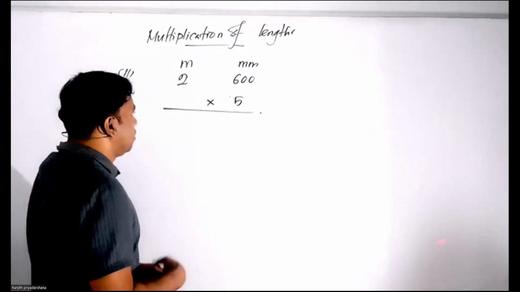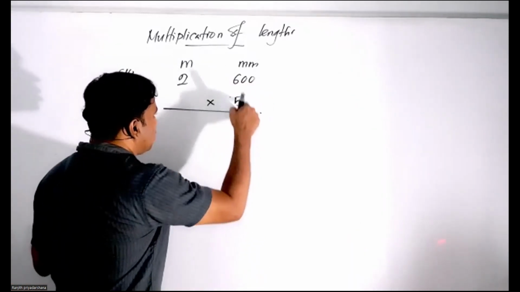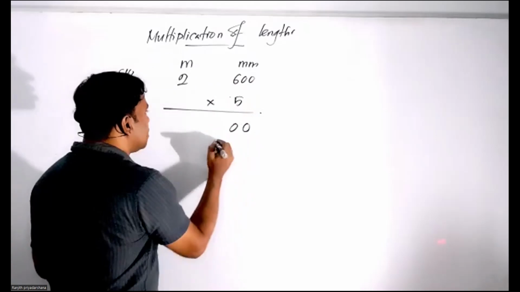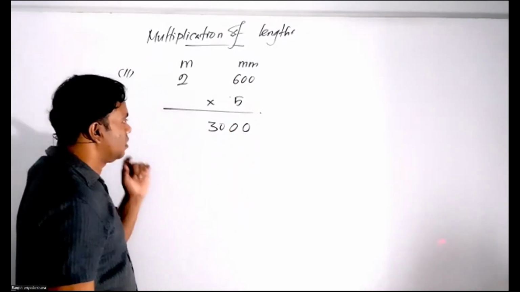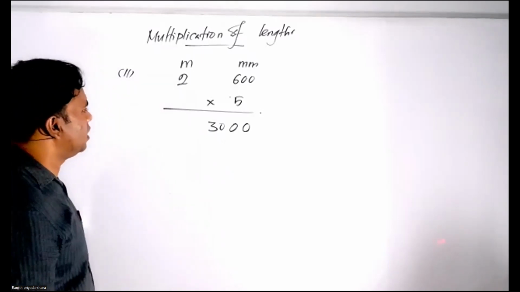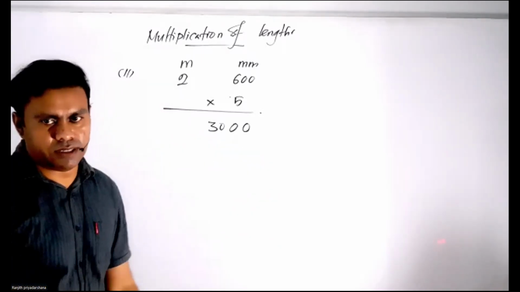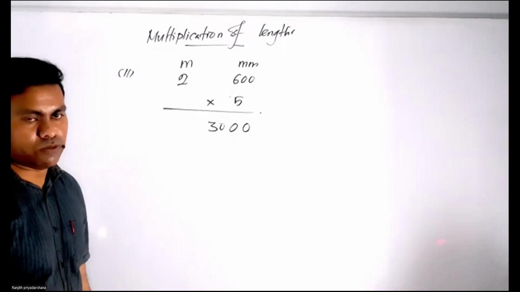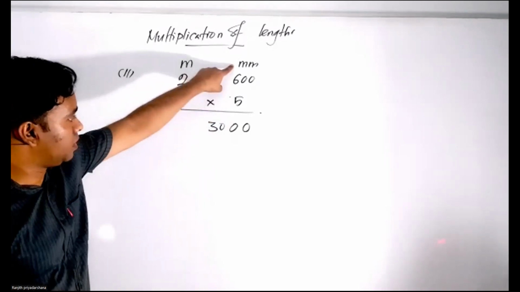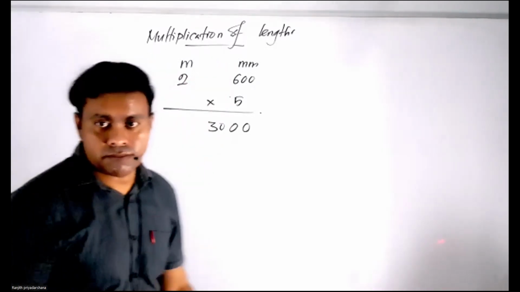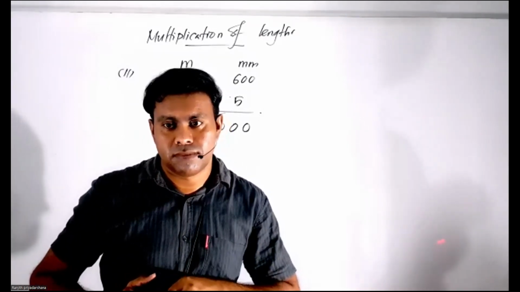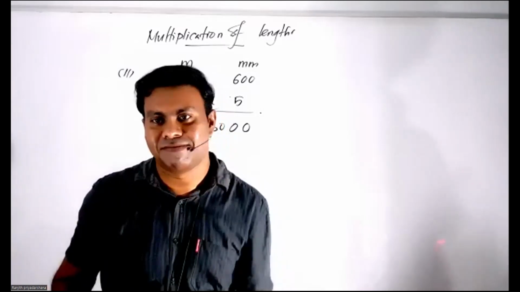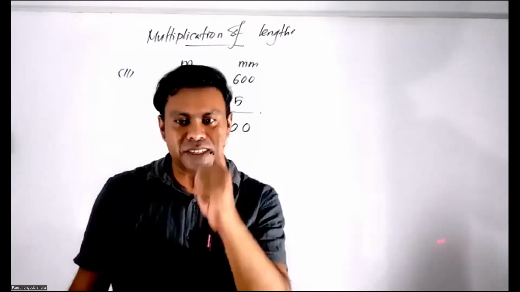Yes, 5 times 0 is 0, 5 times 0 is 0, 5 times 6. 5 times 30. No, we can't put that 30 here. That means 3000 cannot be kept here. Then what do we do? 3000 millimeters means how many meters? 1000 millimeters means 1 meter, so 3000 millimeters means 3 meters.